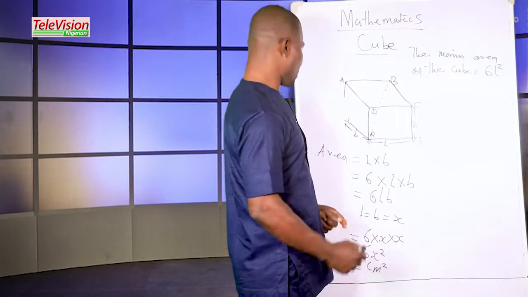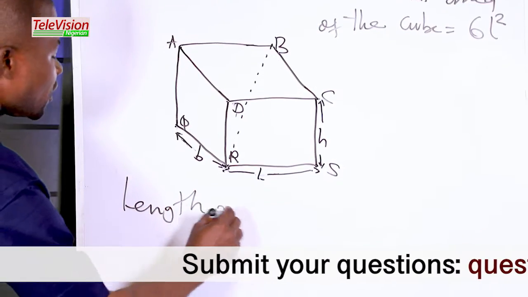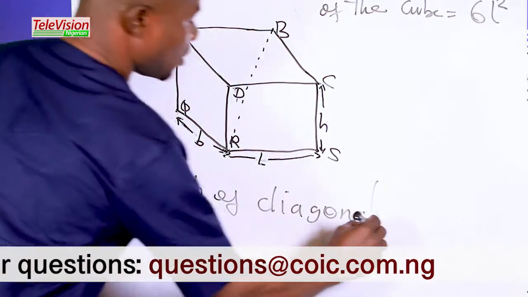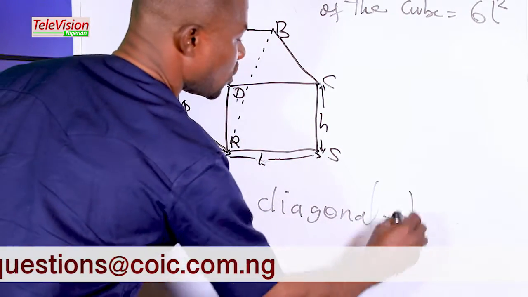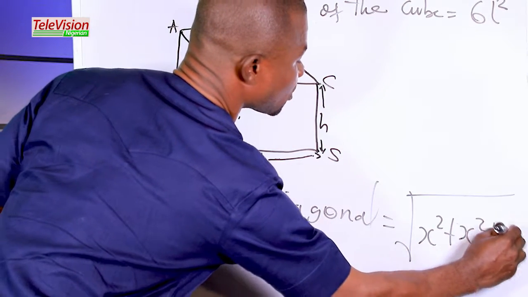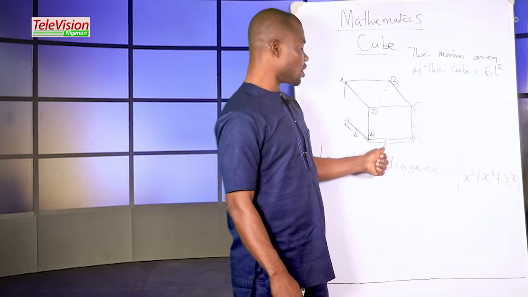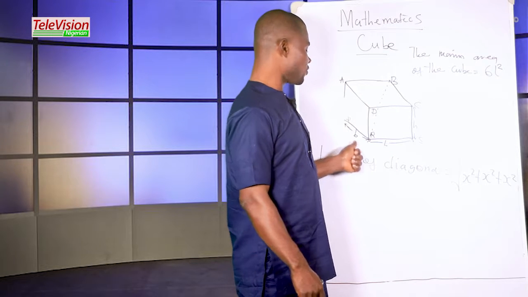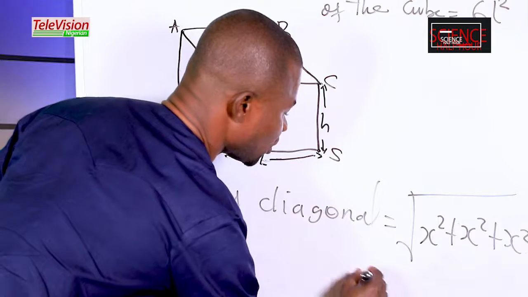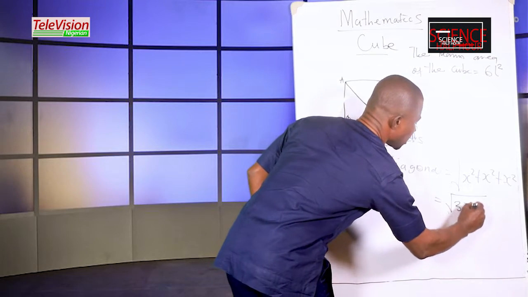We derive the length of the diagonal. Length of diagonal is equal to square root of x squared plus x squared plus x squared, which is square root of the square of the length plus the square of the breadth plus the square of the height, which is equal to square root of, when we add together, 3x squared.